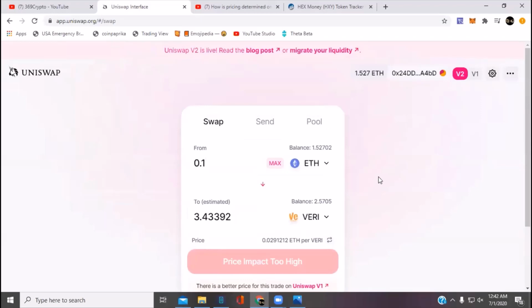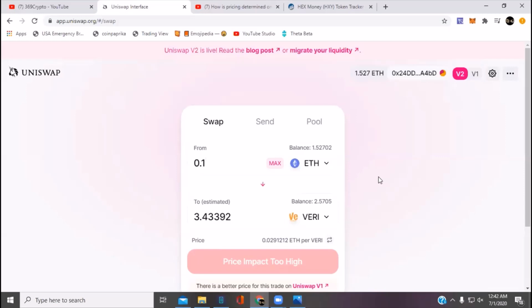Now, if you're the only liquidity provider, you get the entire amount of those transaction fees in and out, and then your stack of ETH compared to whatever token it is, in this case Veritasium, would go up and down based on price. But the trick to this is when you enter the pool, you're going to enter the same amount to both sides. So if one side was Veritasium, then you were going to add the same amount of ETH equivalent on the other side, at the pricing for that pool at that time.